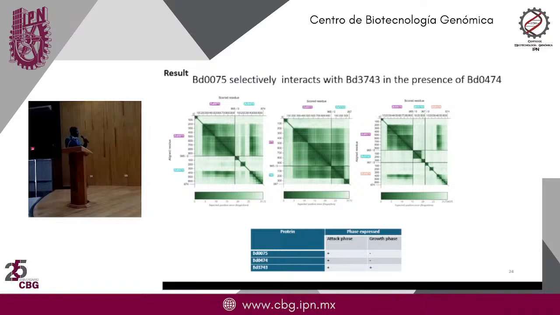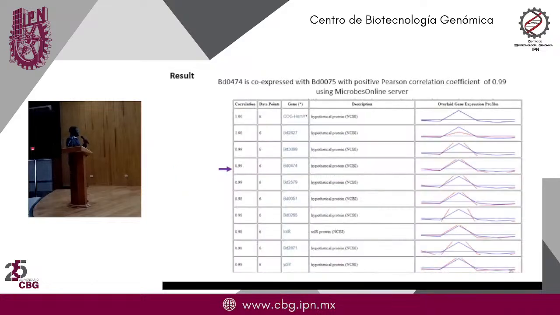Functionally, this could mean that this interaction is taking place, and when the levels of 474 drop, then 75 is able to interact with 3743. And then we wanted to see the co-expression partners of 75.